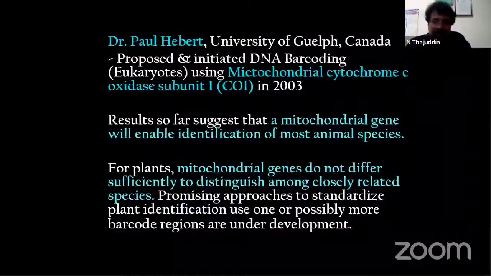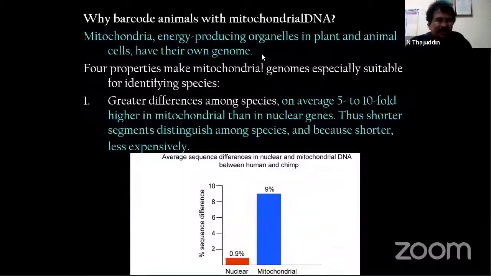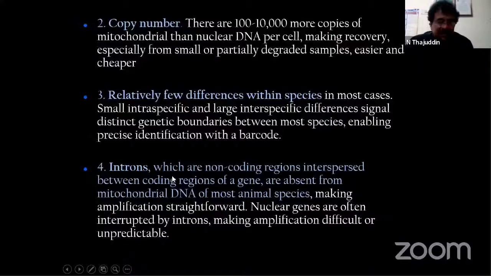Instead, the chloroplast genome is used for barcoding. And why are the COI gene and mitochondrial genes very important? You can see greater differences from the genomic DNA. For example, the nuclear genomic DNA has only 0.5% variation, whereas in the same cell, the mitochondrial DNA has 9% variation. There is also a high copy number, relatively few differences within the species, and no introns in this mitochondrial DNA.